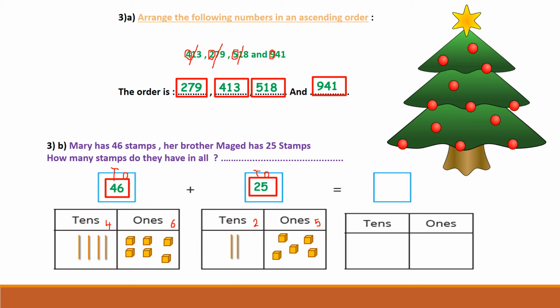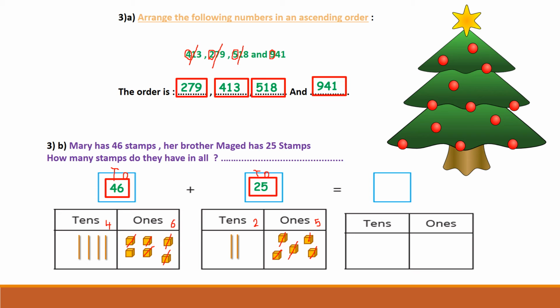Now what should I do, Junior 2? You remember? Excellent, I should collect 10. Let's make a game and collect 10 small squares. Okay, 1, 2, 3, 4, 5, 6, 7, 8, 9, and 10.